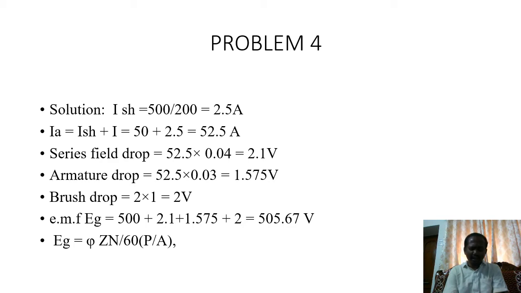But you know the armature current equation: IA is equal to Ish plus IL. Shunt field current is 2.5 ampere. What is the load current? Load current is also given, 50. Then you will get armature current IA is equal to 50 plus 2.5, 52.5 ampere.